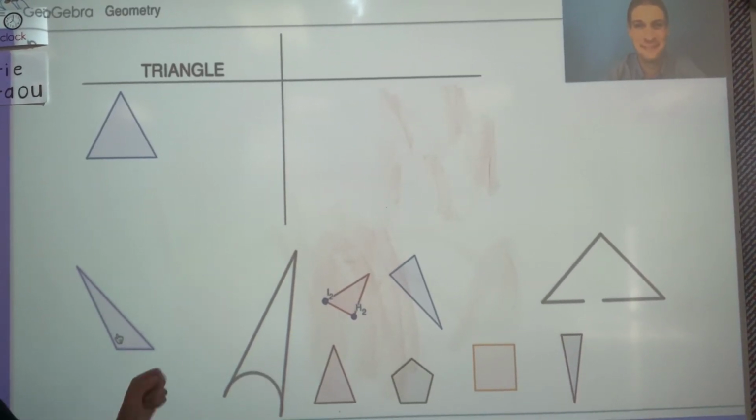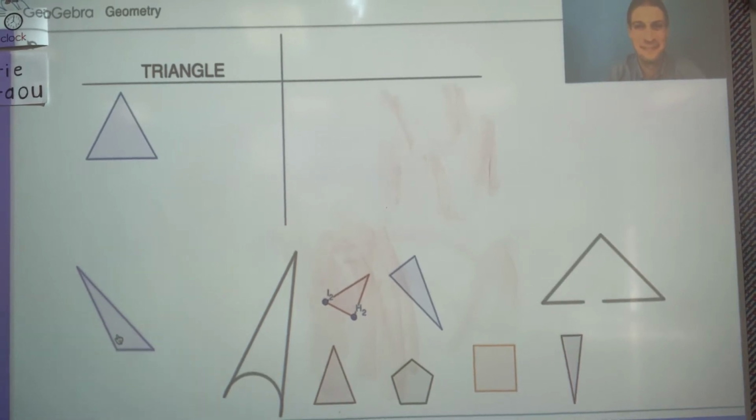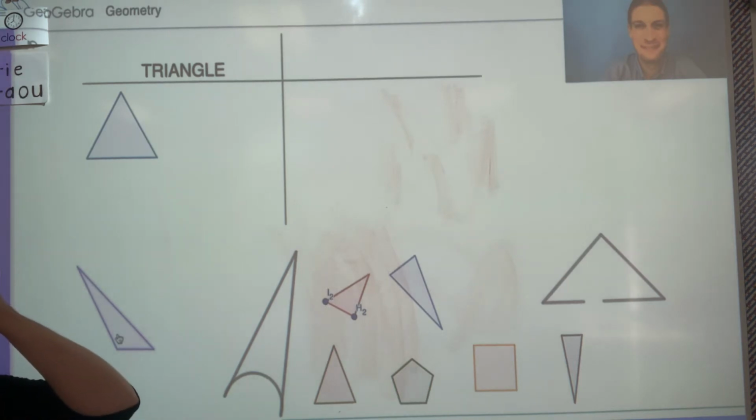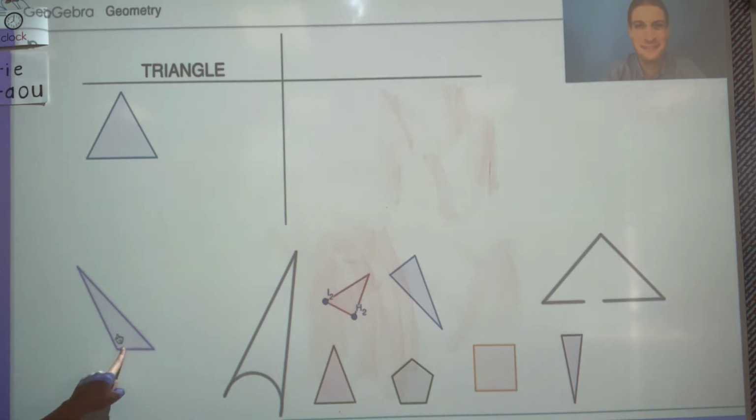What do we notice about this one? Who can tell me? Let's do Estelle. Estelle, what can you tell me about this purple shape? It's purple and it has lines. How many lines?